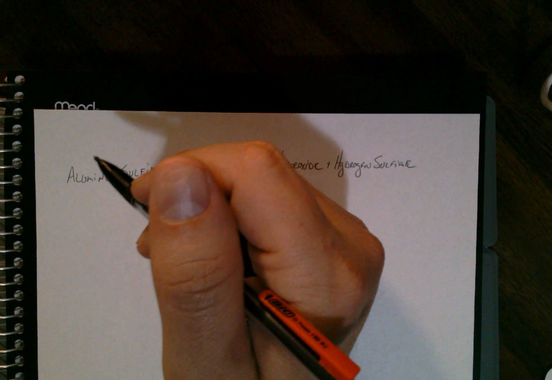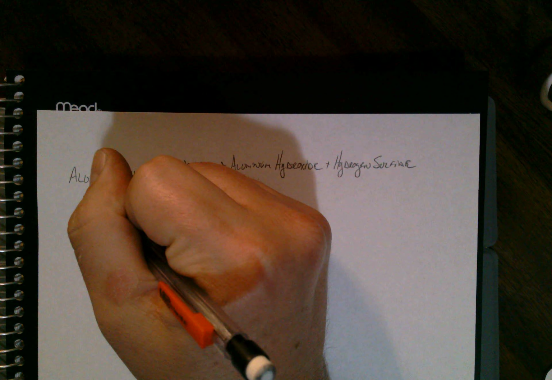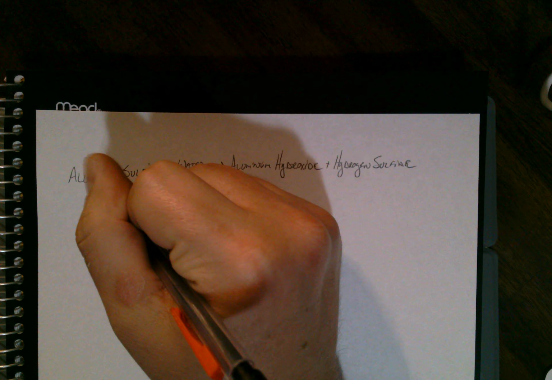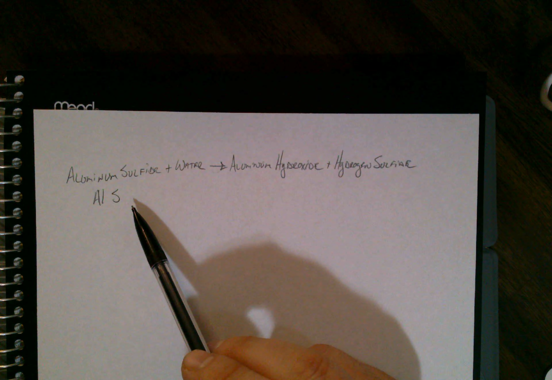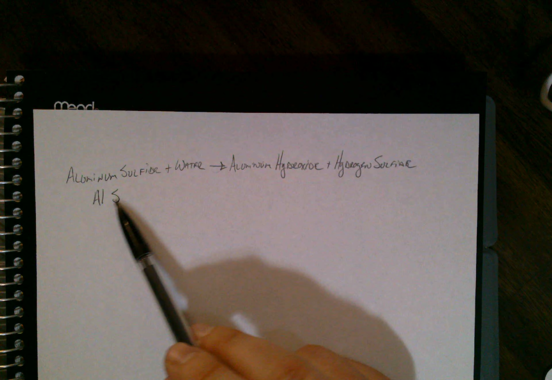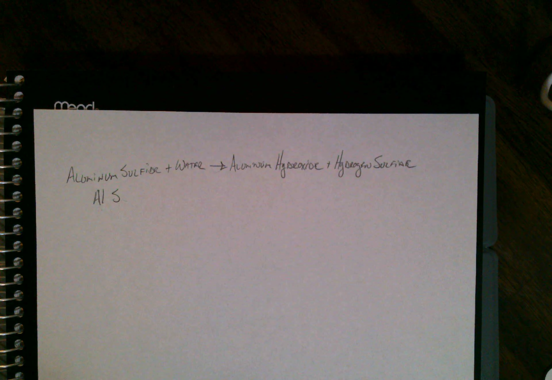Aluminum sulfide obviously is going to have aluminum and sulfur in it. So we know it's got aluminum and we know it has sulfur. So the first thing that you have to do with this is you have to kind of balance the molecule itself. And to do that, you need a periodic table. Oh, shoot. I need to get my computer to open my periodic table here.